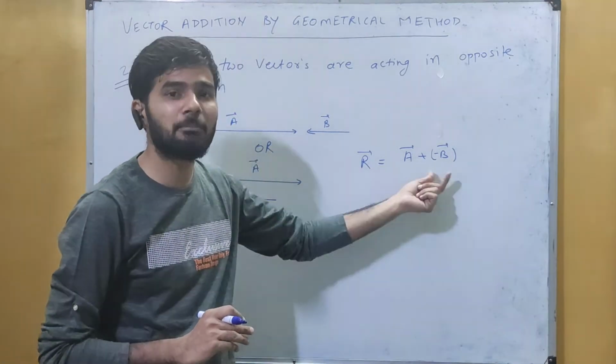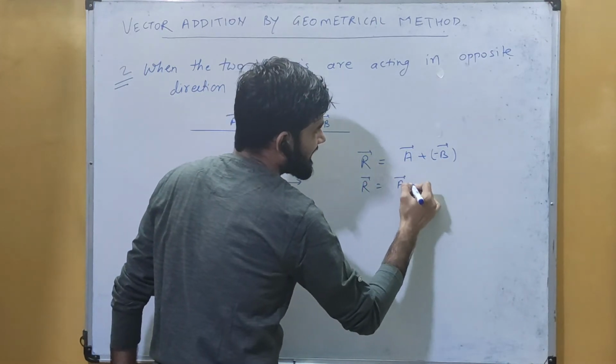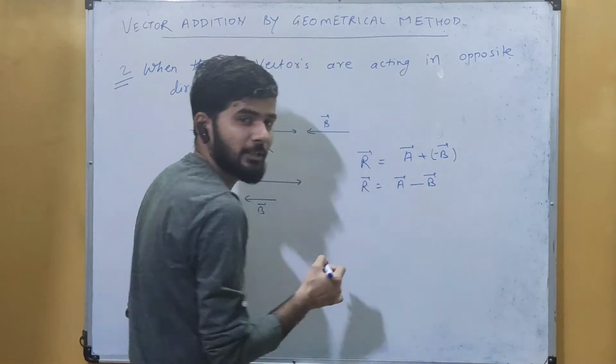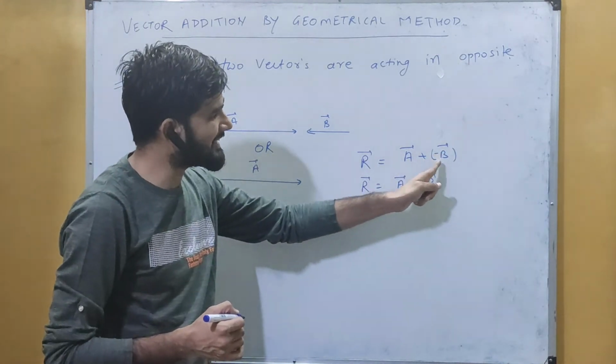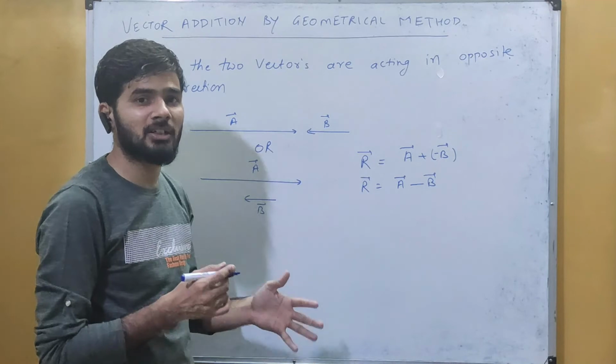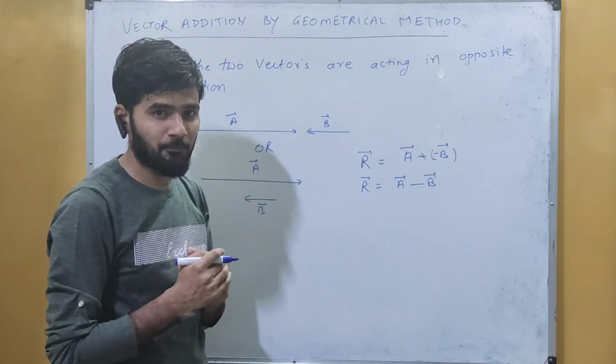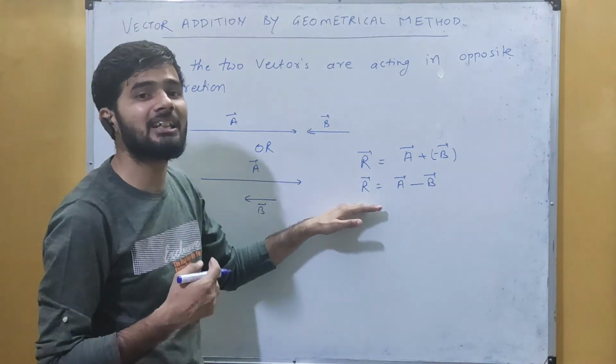So here it becomes A plus of minus B. So I can write this vector R is equal to vector A minus vector B. Okay, so here because of this negative sign we have to subtract the two vectors, although this is the addition, but the thing is we are adding minus of vector B to vector A. Okay, now here this is in terms of vector notation.